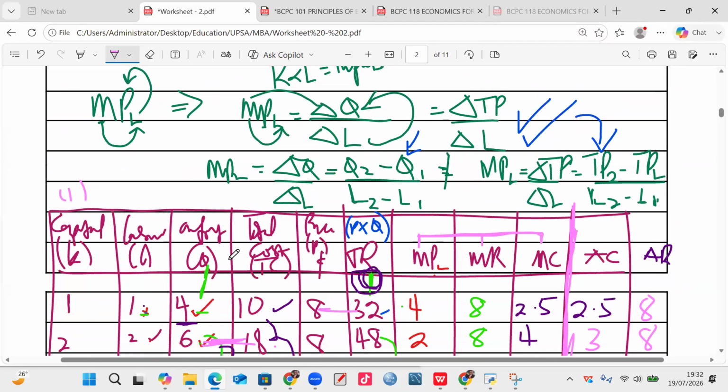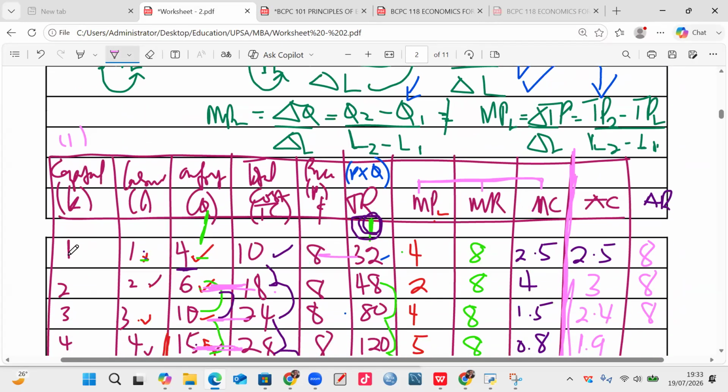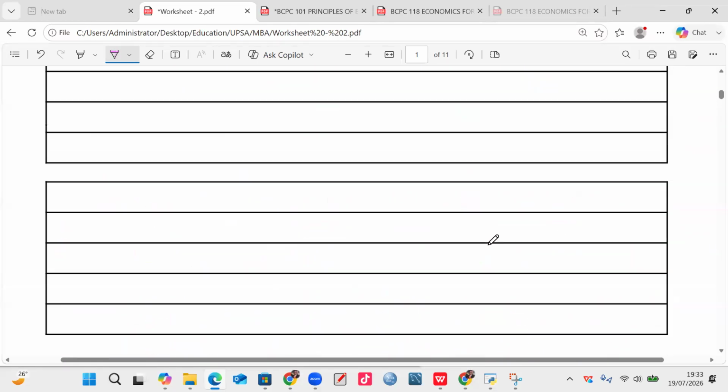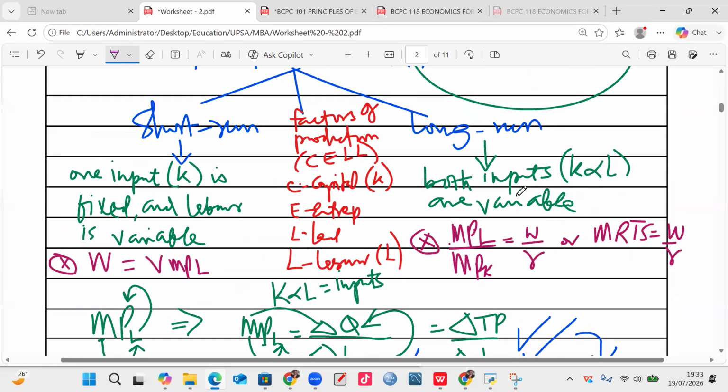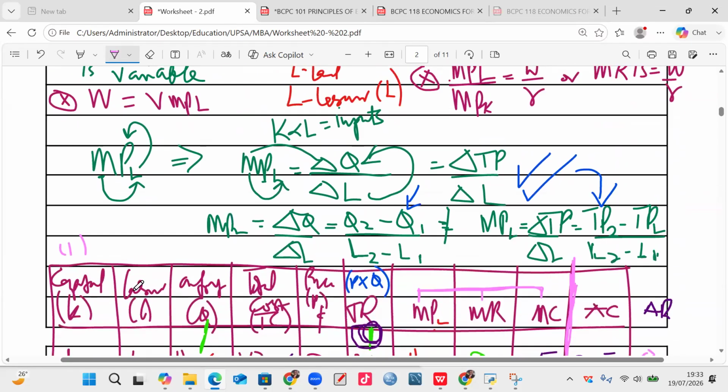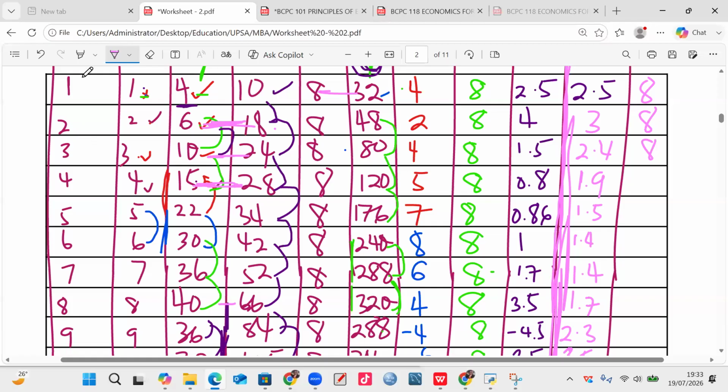However, if it's a long run, both inputs are variable, meaning capital and labor, the figures will not be the same. You will not see 1 throughout; you see it increasing or decreasing.